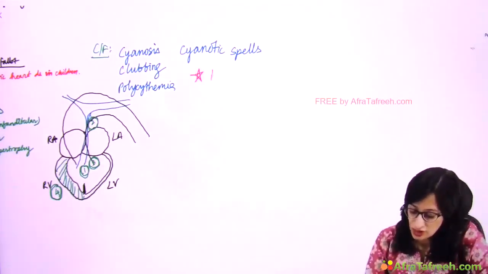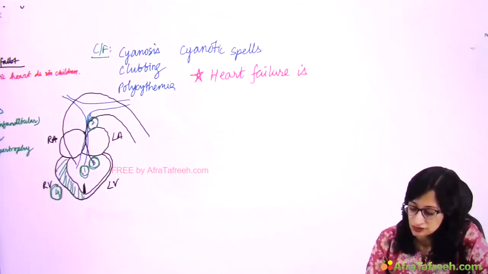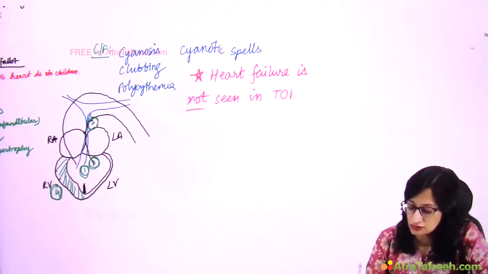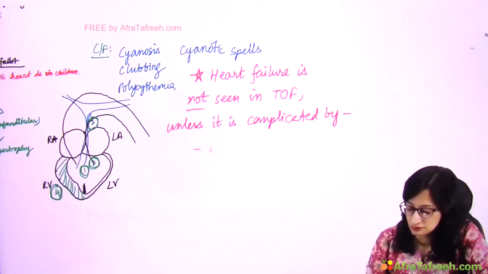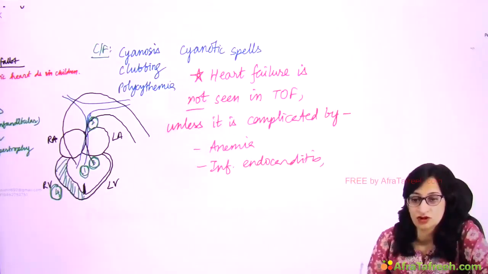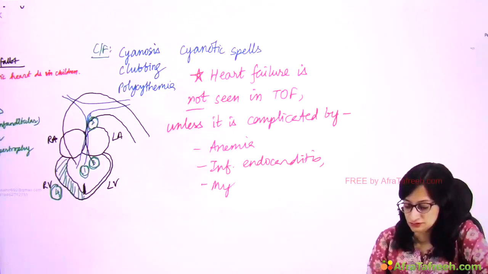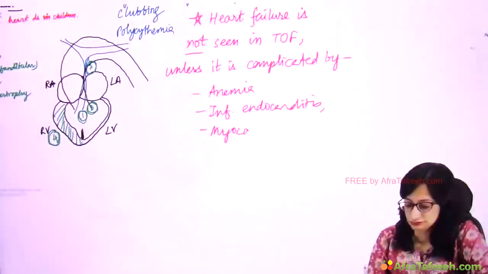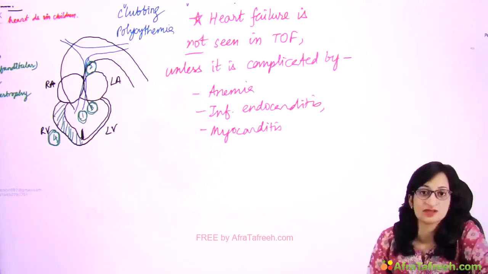So let us write down: heart failure is not seen in Tetralogy of Fallot unless it is complicated by anemia, infective endocarditis, myocarditis, or systemic hypertension.